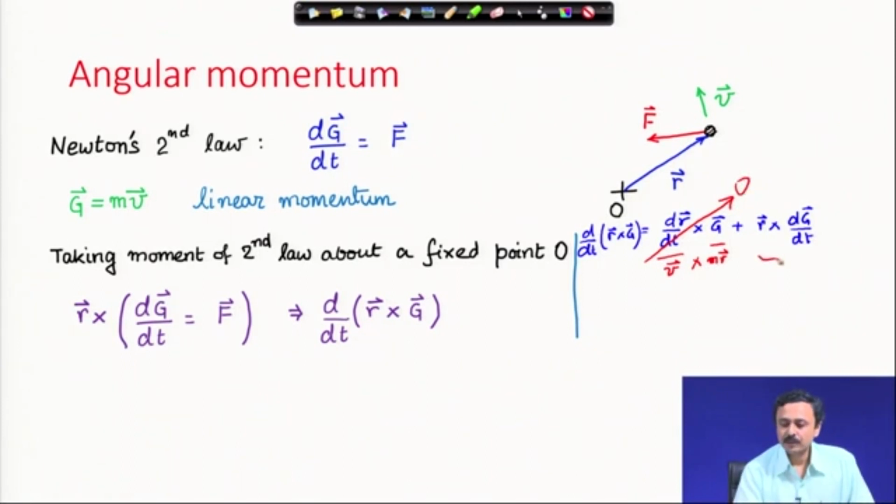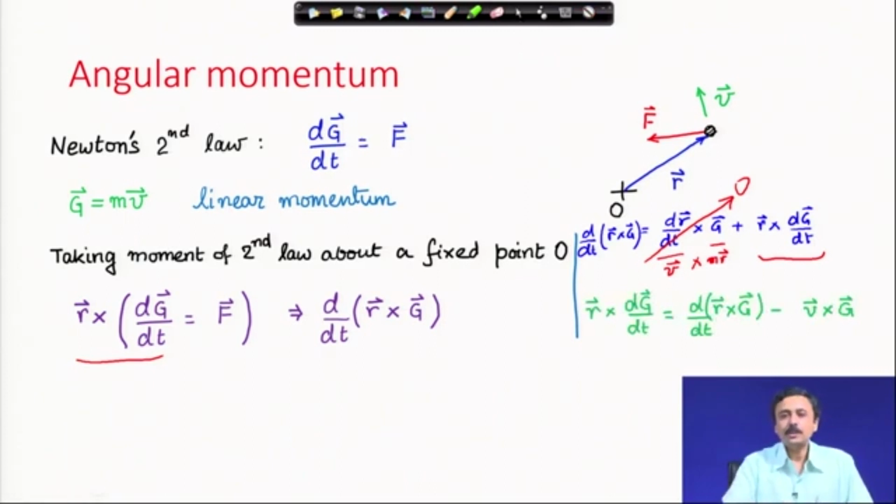What I am left with is r cross the time derivative of the linear momentum vector, which is what I wanted on the left hand side. Therefore, r cross dg dt, the rate of change of linear momentum, can be written as d dt of r cross g minus v cross g, and v cross g is 0.